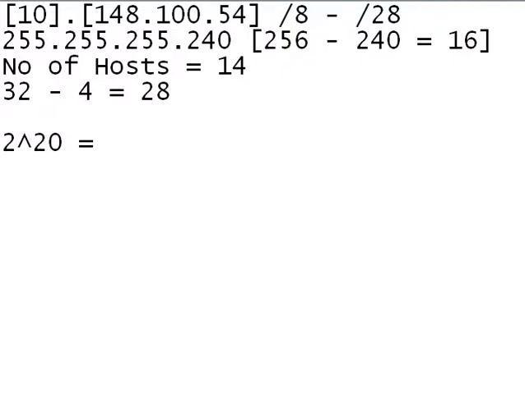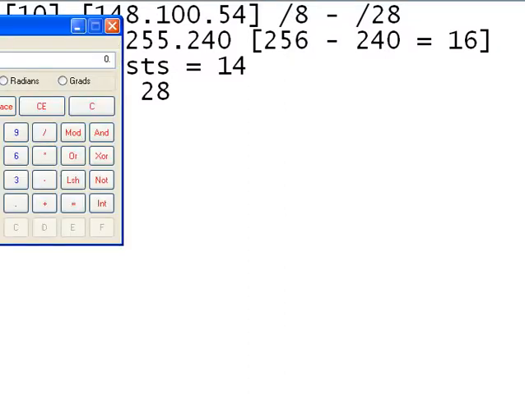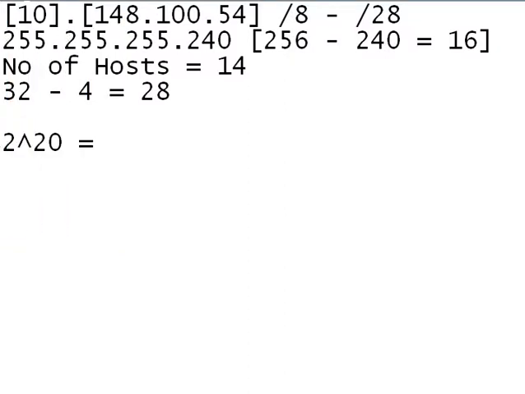It is 1048576. So that many subnetworks we can create.